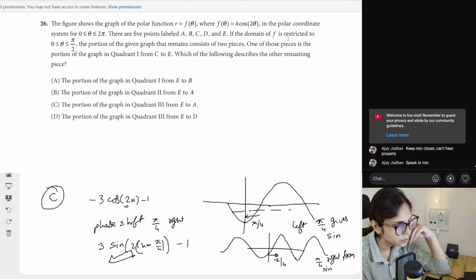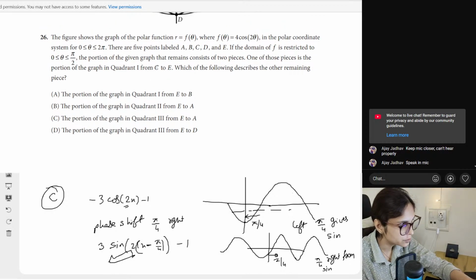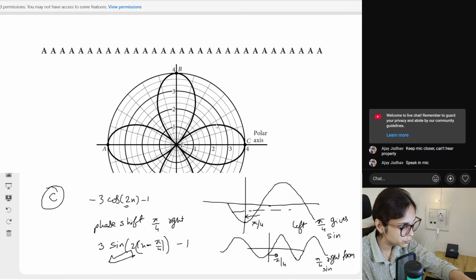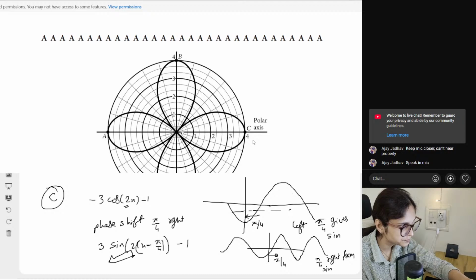Okay. So if the domain of f is restricted to 0 to pi over 2, the portion of the graph consists of two pieces. One of the pieces is in quadrant 1 from C to A. From C to A, that is the first graph.